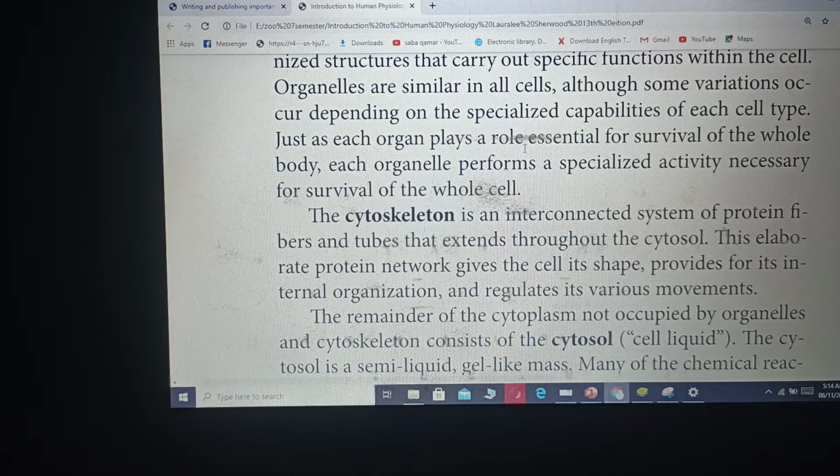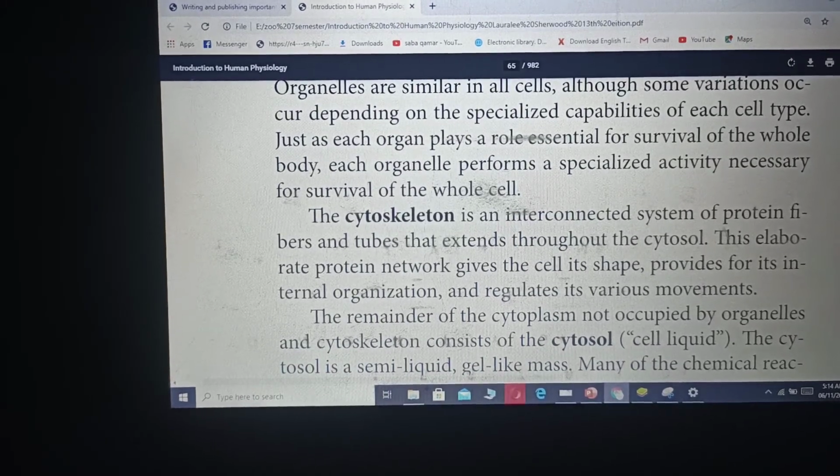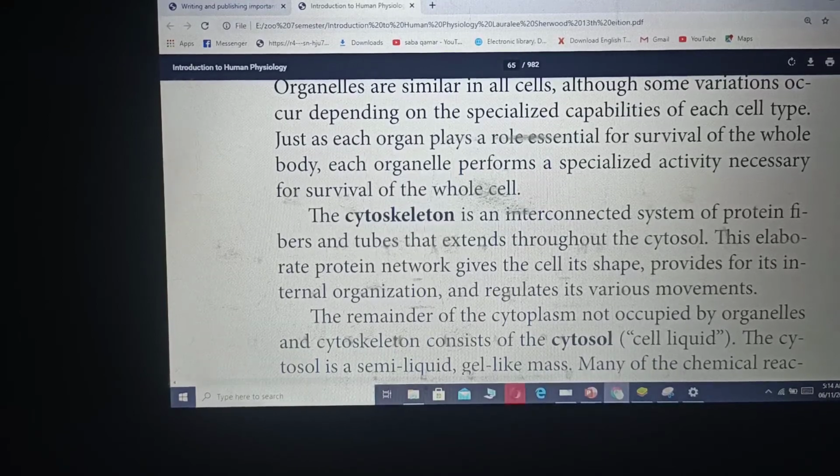The first component is cytoskeleton. The second component is cytosol, and the third component is organelles.